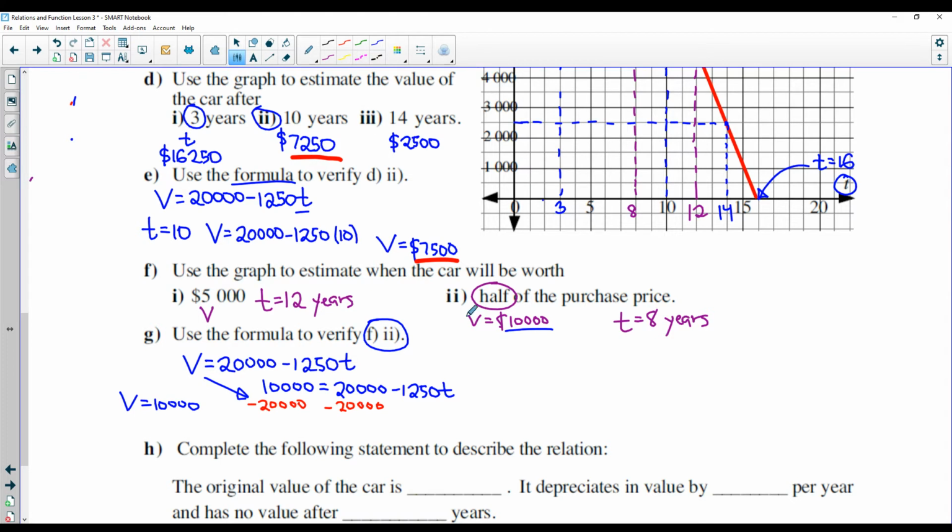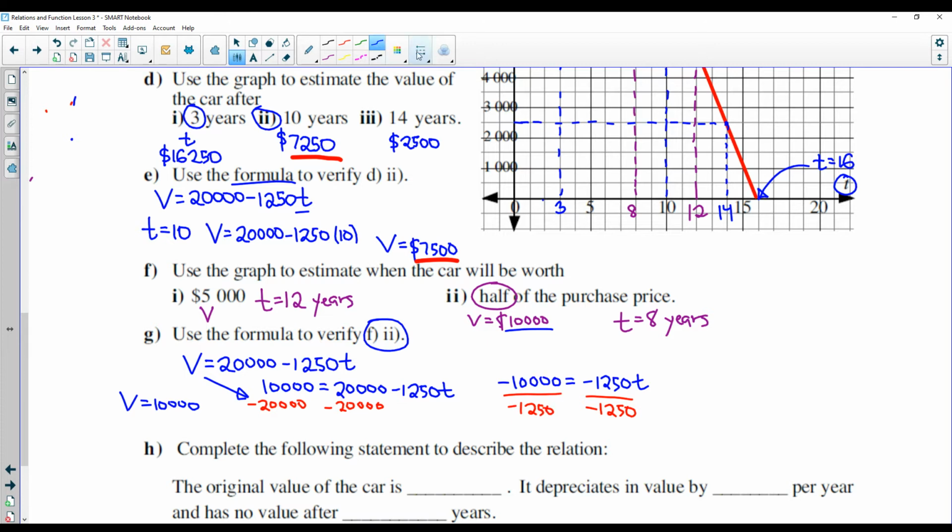After you subtract 20,000 from both sides, you then have negative 10,000 on the left-hand side, and you'd have negative 1,250 times T on the right-hand side. And then now to get T by itself, just divide both sides of the equation by negative 1250.